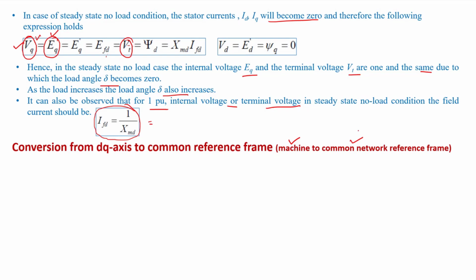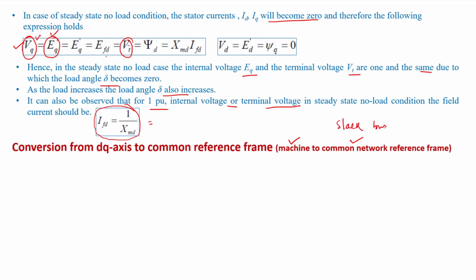So when we are considering a huge network connected with many machines, the frame of reference changes, right? Each individual machine has a different reference, but it has to be transformed to a common reference frame, or we sometimes call it the network reference frame. So we'll transform this to the reference frame which is associated with the slack bus. Slack bus or reference bus, we call it, right?